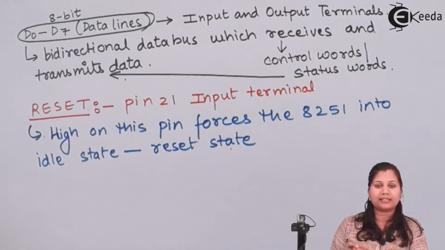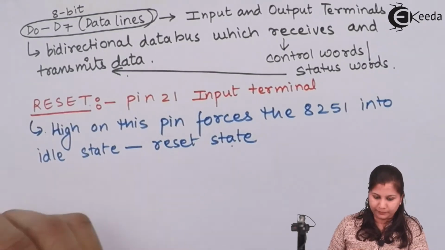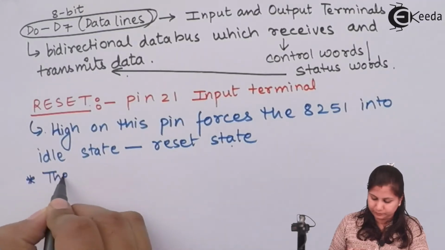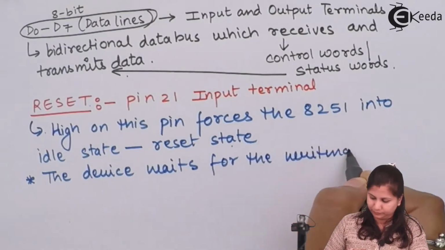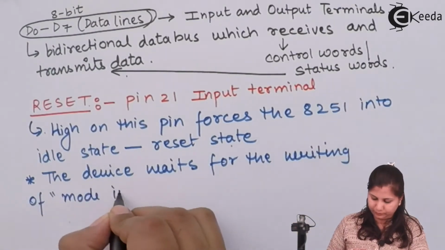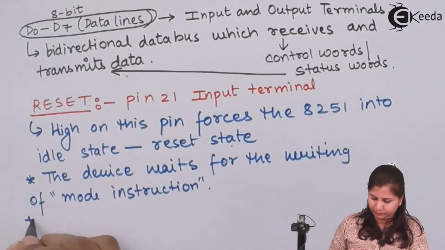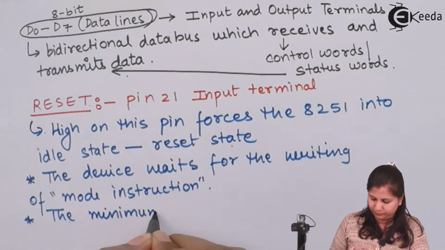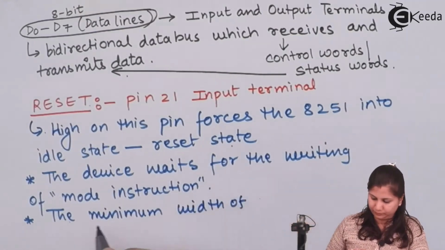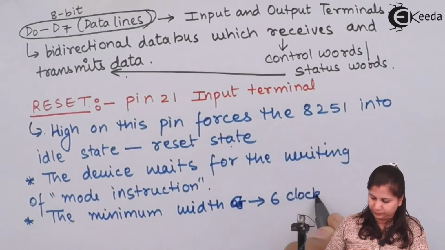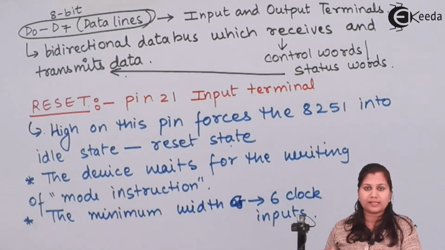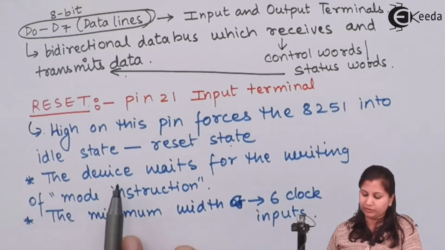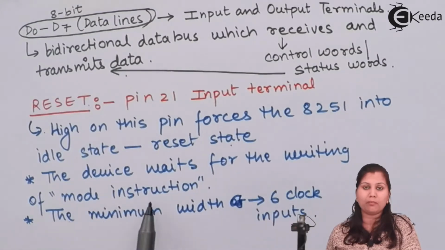All the flag conditions, control words, and status words will be cleared out. So when this reset signal is given to the 8251, the device is going to wait for writing of the mode instruction.